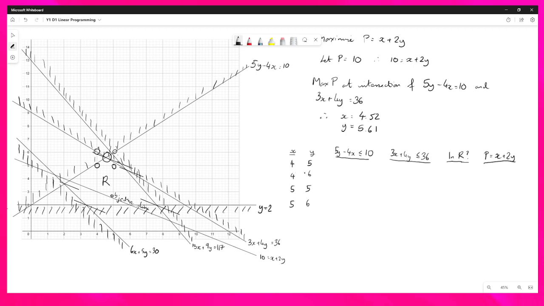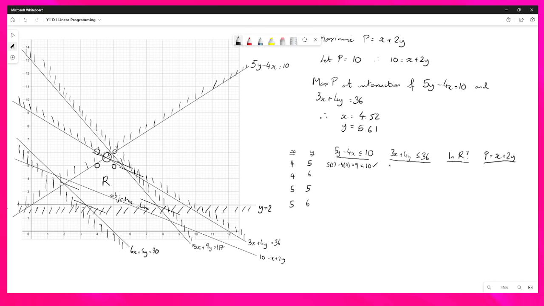What we now do is we now put these points into our inequalities. So let's do this one first. So we've got 5 times 5 minus 4 times 4, which is 9, which is less than 10. So this one works for our first inequality, and we would expect that. That's this 4, 5 here.